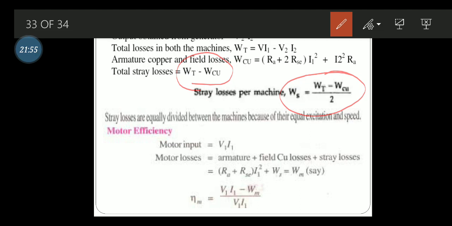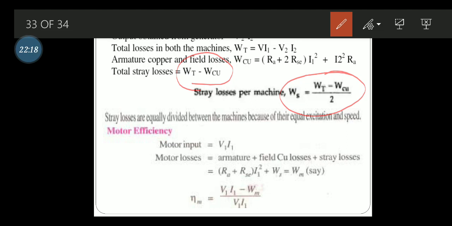Stray losses are equally divided between the machines because of their equal excitation and speed. Initially we said that equal excitation is given to the machines, so the stray losses are equally divided.